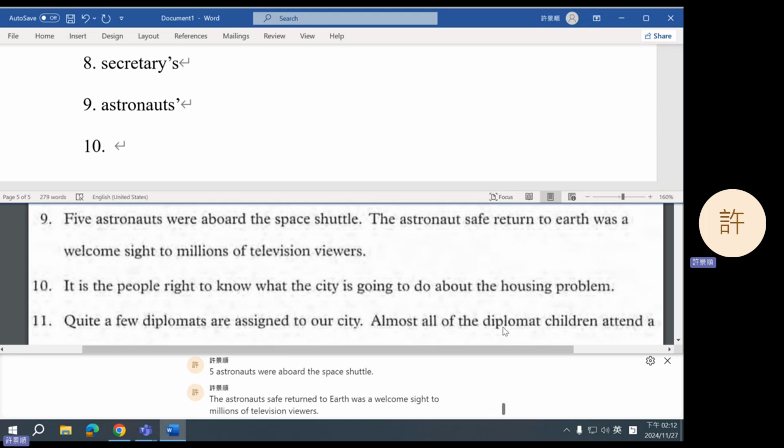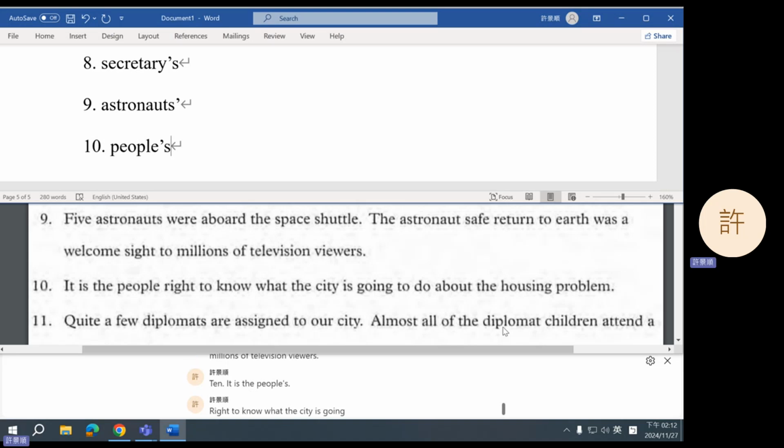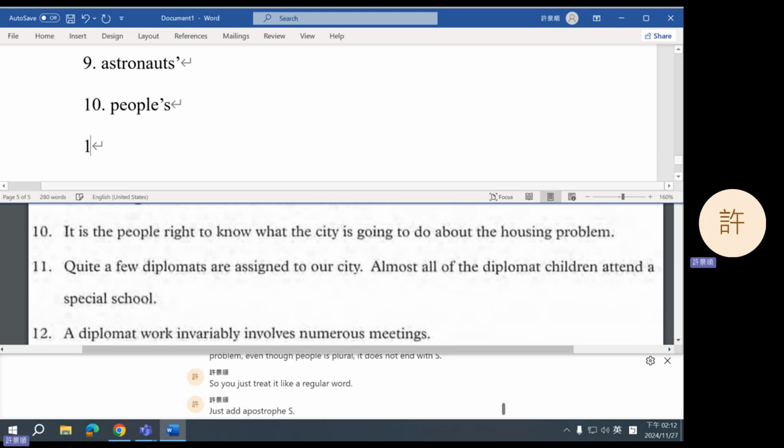10, it is the people's right to know what the city is going to do about the housing problem. Even though people is plural, it does not end with S. So you just treat it like a regular word, just add apostrophe S. 11, quite a few diplomats are assigned to our city.